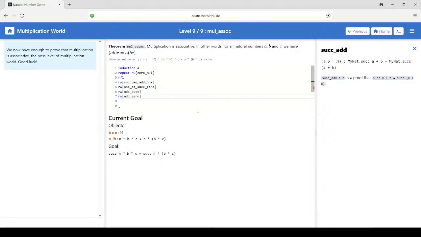Okay. Man, was there nothing we could have done in there? We went in a whole circle.